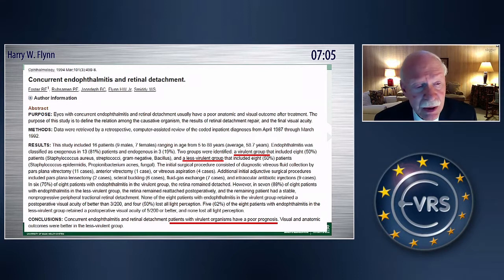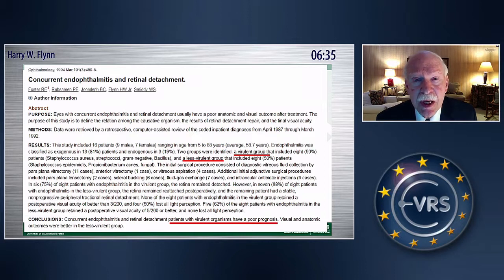In the past, our group reported our results of endophthalmitis and retinal detachment. These cases tend to be very severe. Our study found that cases that involve streptococcus or more gram-negative organisms have uniformly bad outcomes.